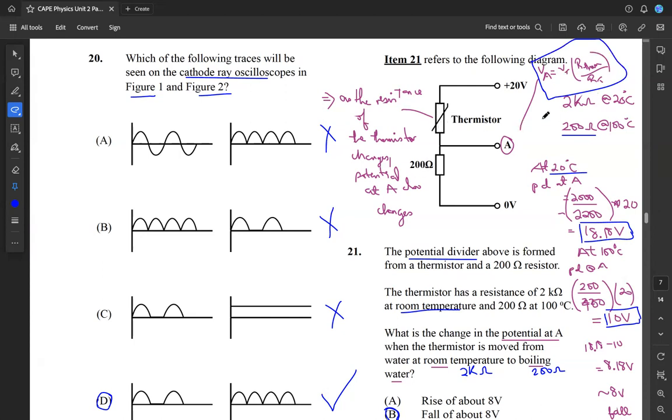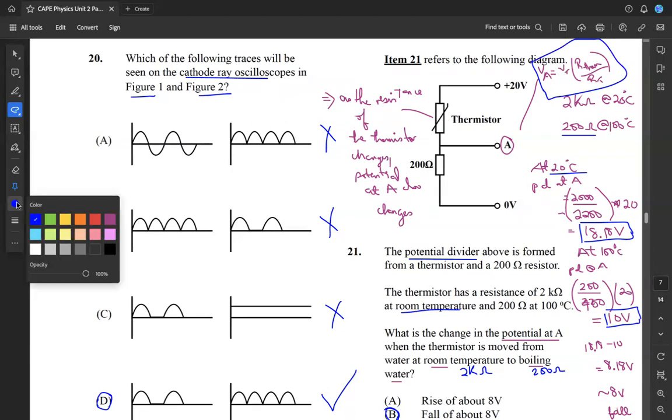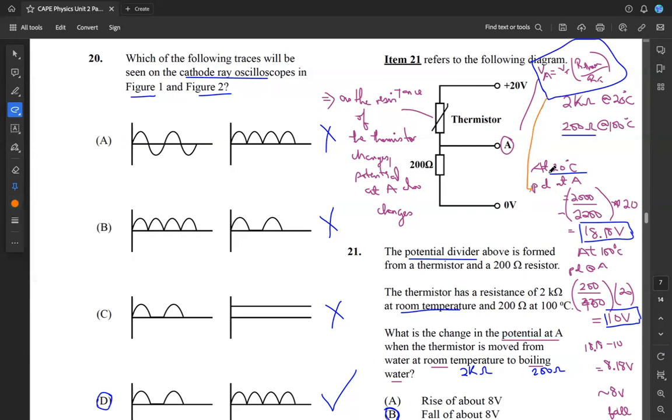Okay, so we come down here now. Follow me down here. We're at 20 degrees, so we're at room temperature, right? We're calculating the PD at point A at room temperature. So remember, when we're at room temperature, the thermistor has 2,000 ohms. That's its resistance, or 2 kilo ohms, right?